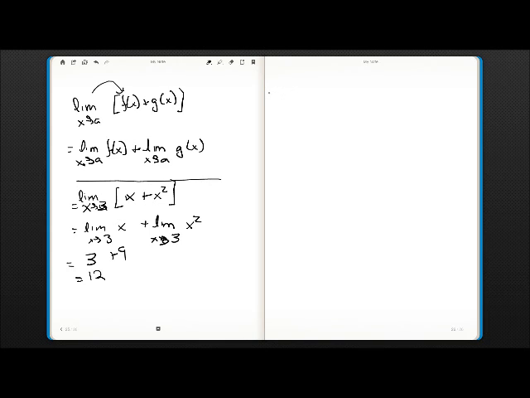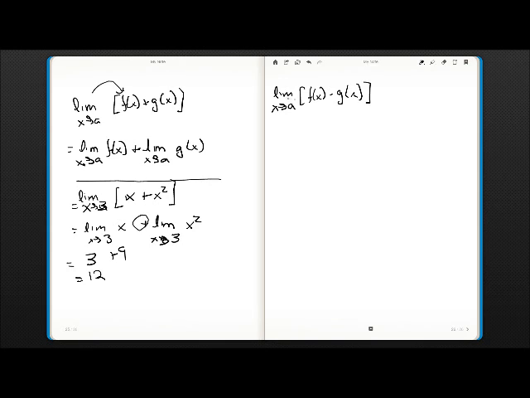And it's the same thing for subtraction. It's not going to make a difference. If this was subtraction, then this sign will also be a minus sign. For multiplication, again, it's the same thing. So it will be the limit as x approaches a of f of x times g of x.